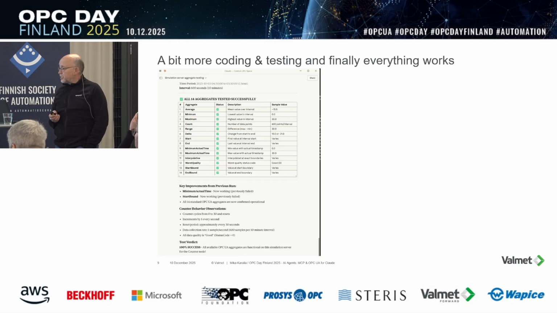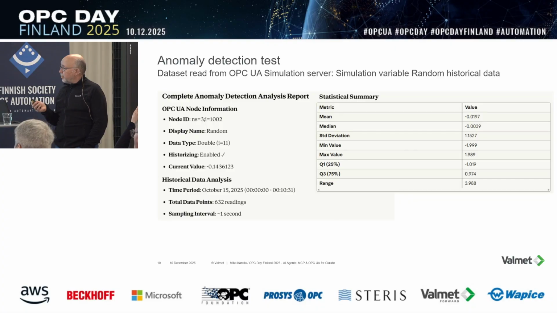And it was nice to test that you can run a little bit like a data scientist analysis already with the historical data, those aggregates. Okay, but as I said, I have the anomaly detector and forecast there.